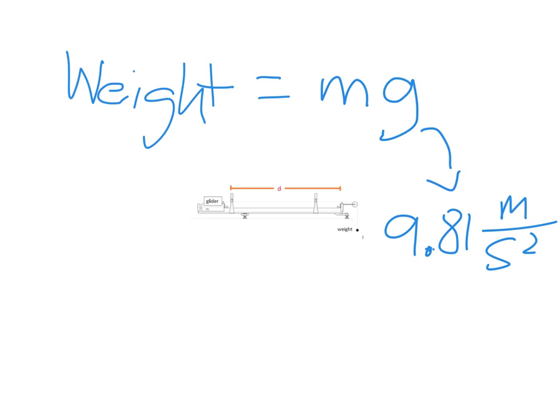So that's the first task in the document, to calculate the work that's being applied to this glider for various hanging masses. Now in the next part of the experiment, we look at kinetic energy. Kinetic energy is defined as the energy due to a body's motion. So if something is moving, it has kinetic energy.